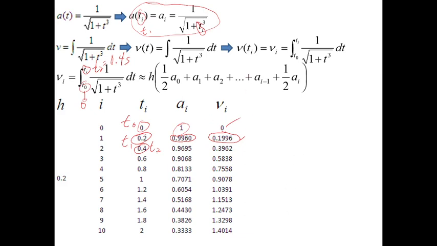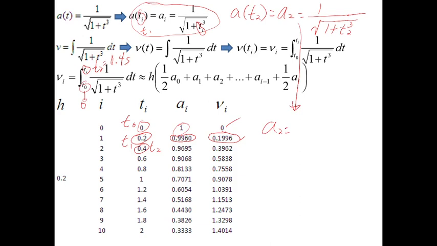So we replace t sub i by 0.4. So a of t sub 2, that is a sub 2, equals 1 over the square root of 1 plus t sub 2 cubed. But t sub 2 is 0.4, no? So that is 0.4.